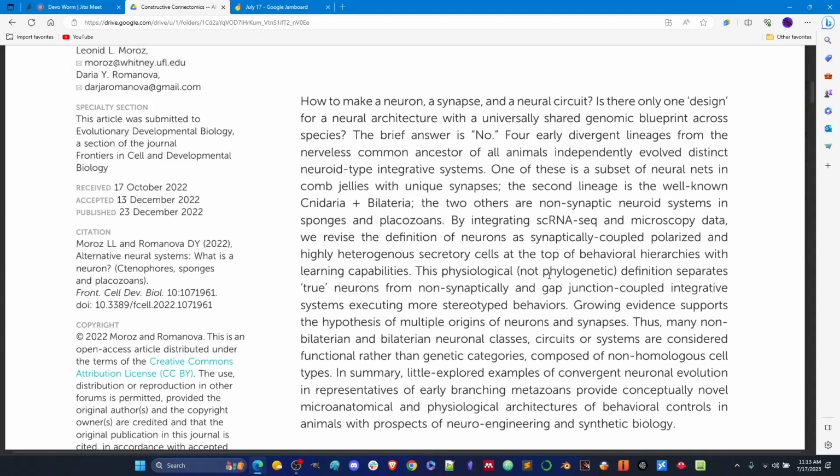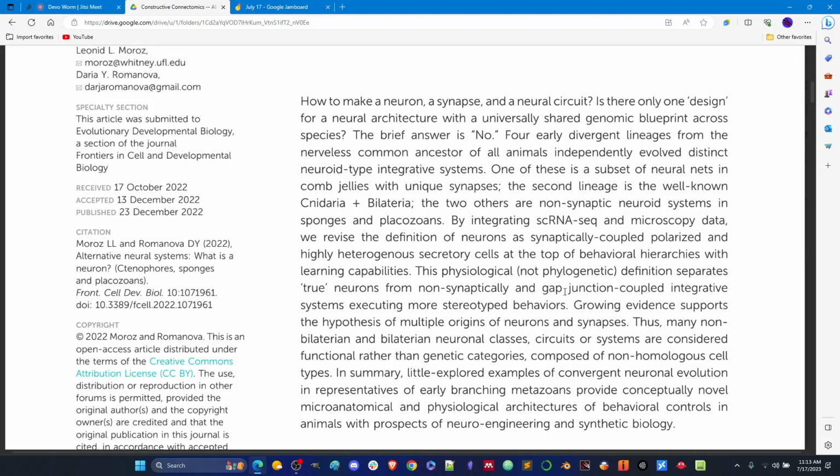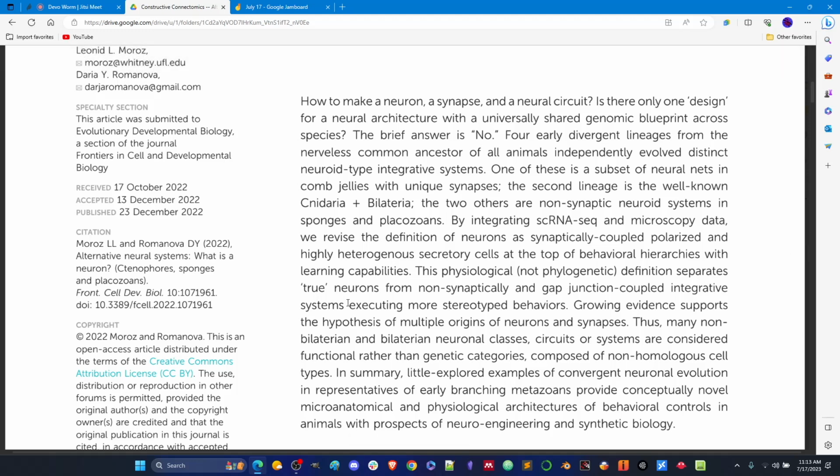This is a physiological, not phylogenetic, definition, so they're not thinking about this in terms of the tree of life. They're just saying that this is the physiology, the things that these physiological systems have in common. It separates true neurons from non-synaptically and gap junction coupled integrative systems.